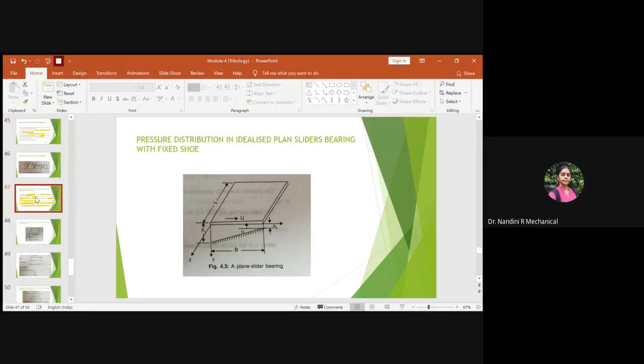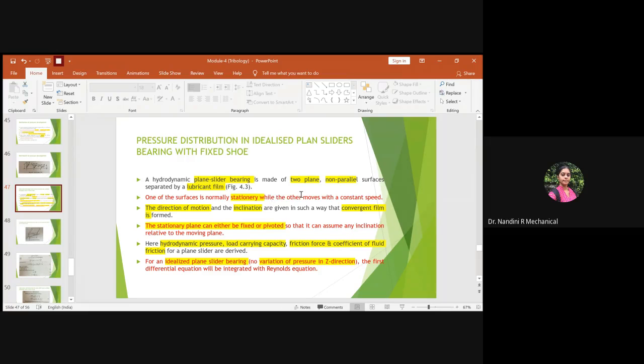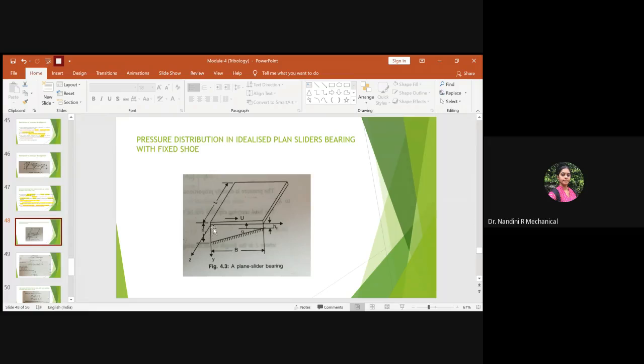The other surface moves with a constant speed, usually represented by capital U. Further, the direction of motion and the inclination are given in such a way that a convergent film is formed. This is the converged film, because the thickness varies due to the inclination.